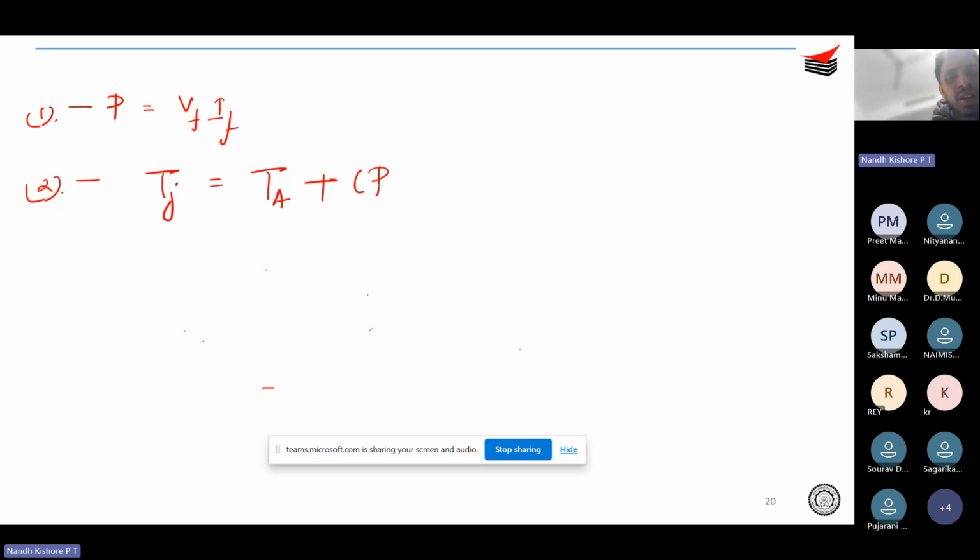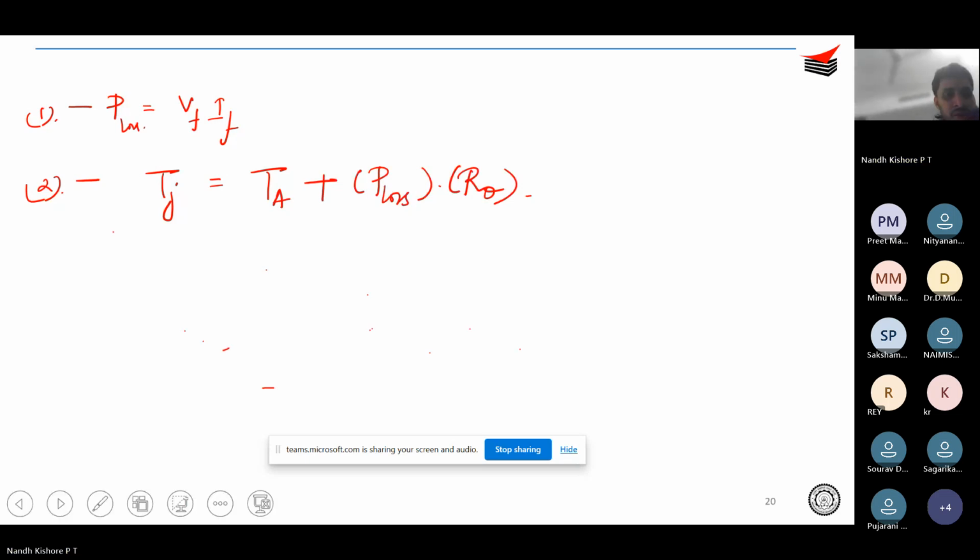So what is the power loss component? P loss into R theta. And what is your P loss? Vf into If. So you will know what is your Tj from this, right?